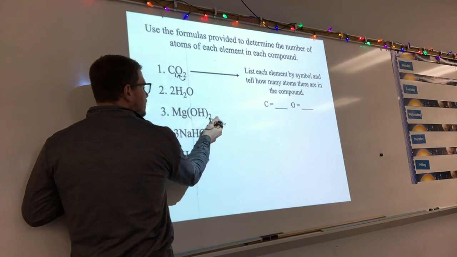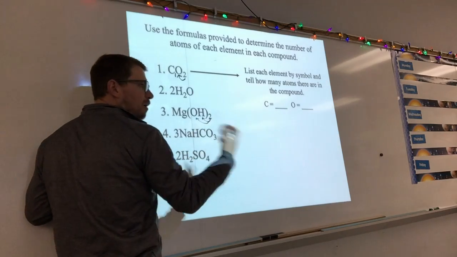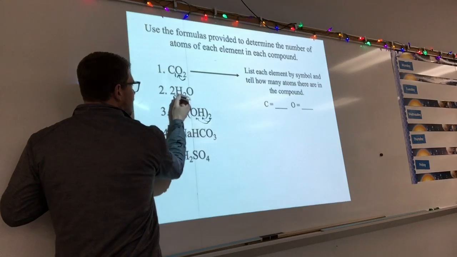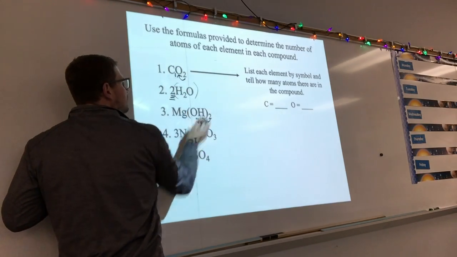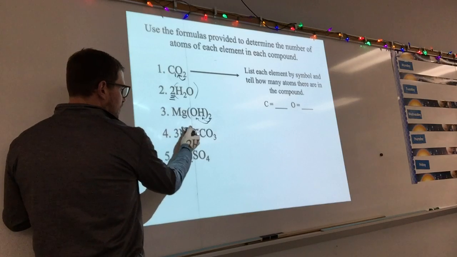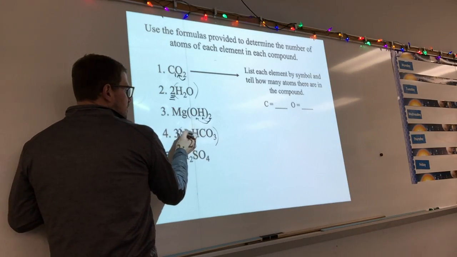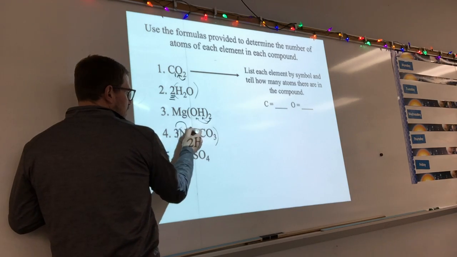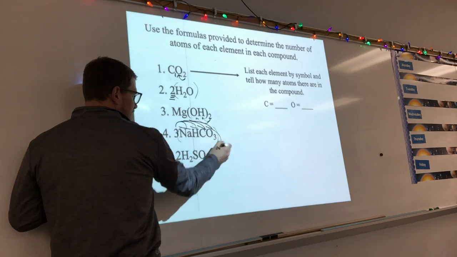If you get parentheses, you got to distribute. And same thing with these big numbers in front. They mean everything after it times 2, or everything after it times 3. You got to distribute that too. For instance, this 3 down here would go times that, times that, times that, and times that.